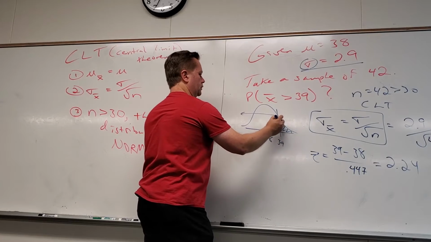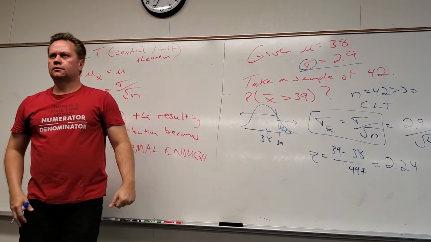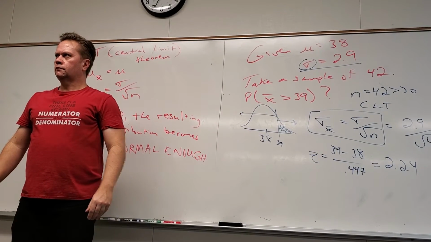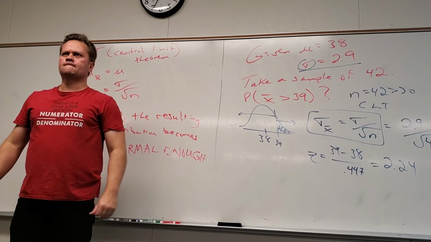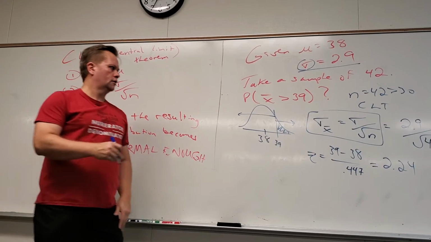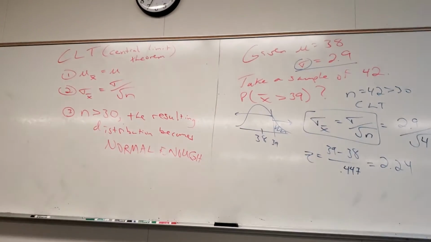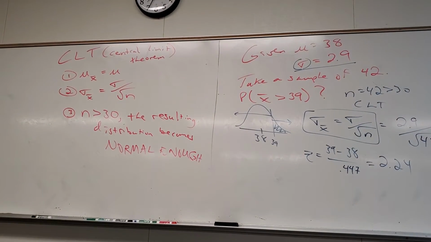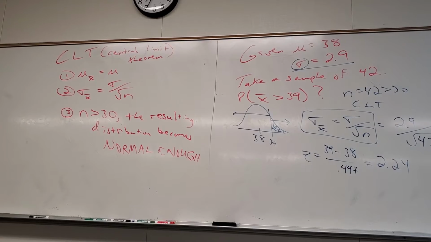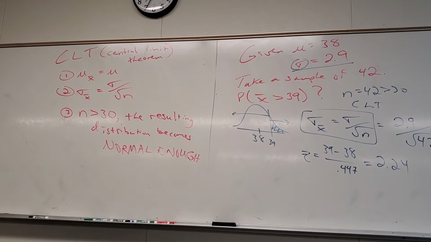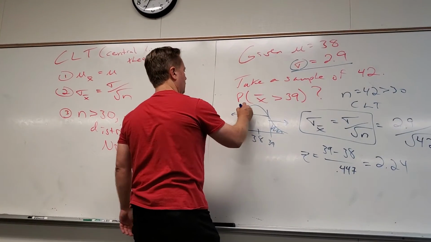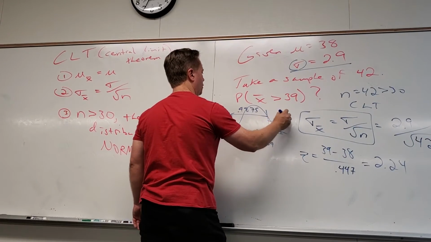That won't be the answer. I'll have to do 1 minus. So you look up 2.24, I get 0.9875. So this side will be 0.0125.